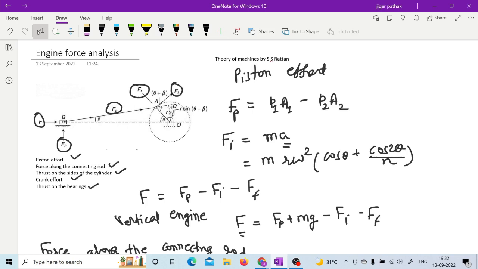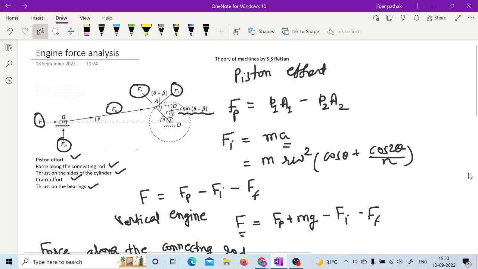Perpendicular distance from this Fc will be R sine theta plus beta, as it is mentioned here, right? So that is why Ft into R will be similar to Fc into R sine theta plus beta, because both are the turning moment, right? And turning moment will be same whether we calculate it with this crank effort or with this force along the connecting rod.